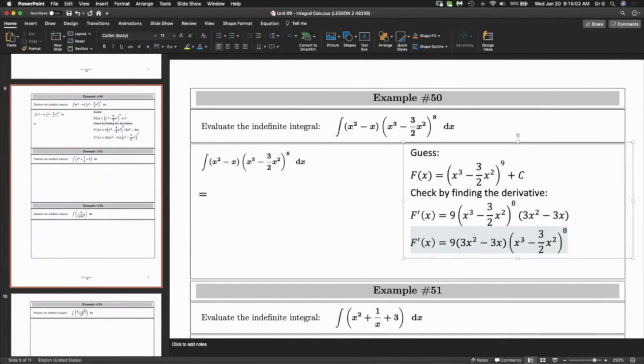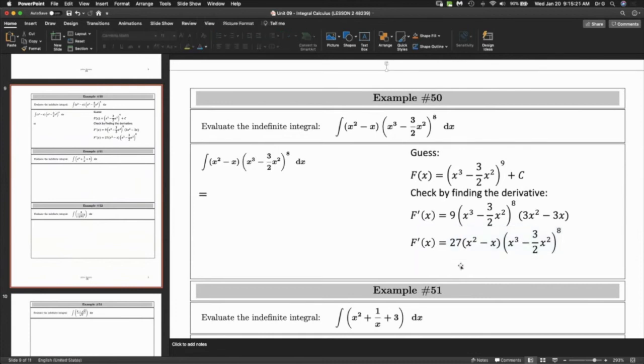So you see how that looks more similar to what our target is. Then I'm going to pull this 3 out as a common factor and bring it outside. But then you multiply that times 9. So you get 27. So there's the little story. And you can see that it's putting us in a place where we can get to what we want, which is to have it match.